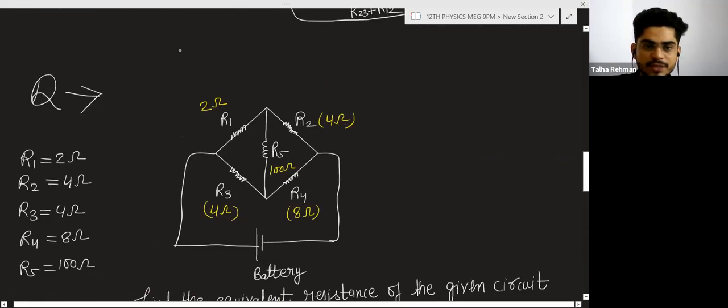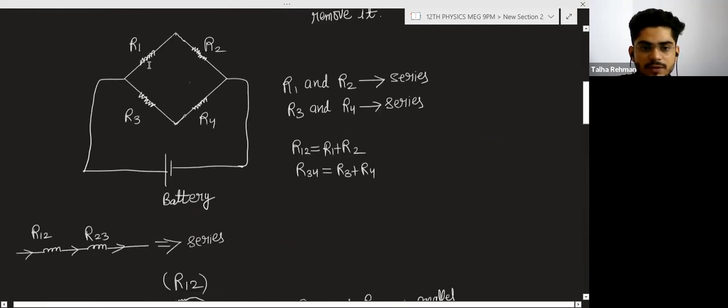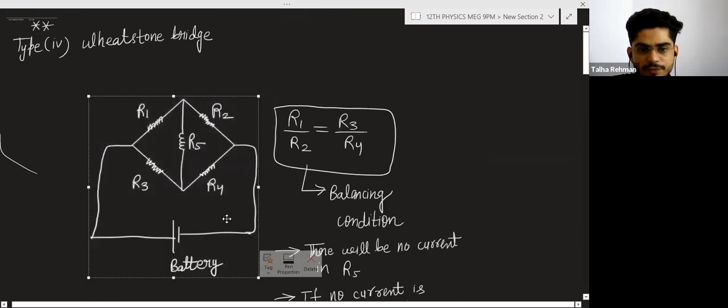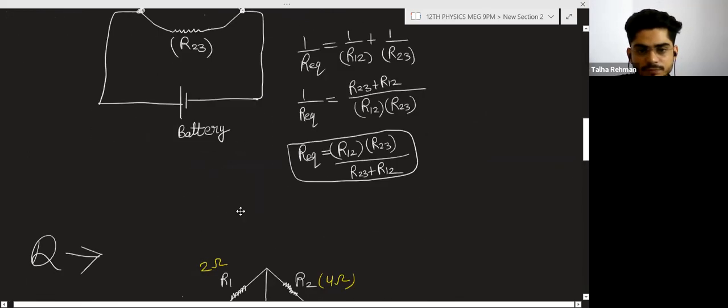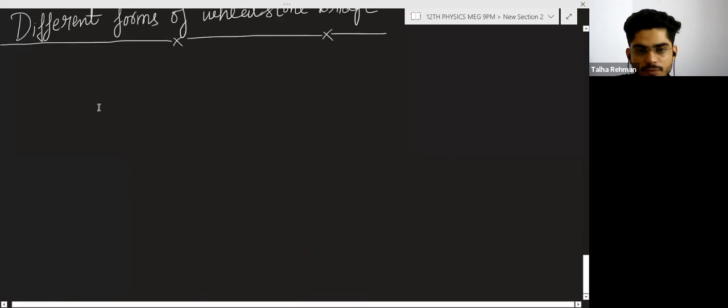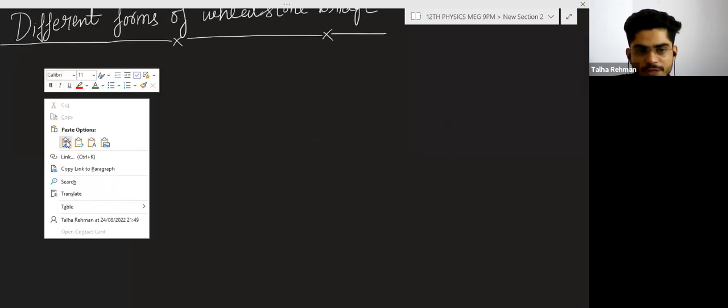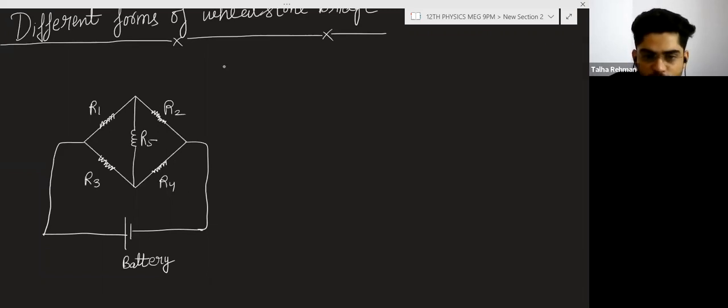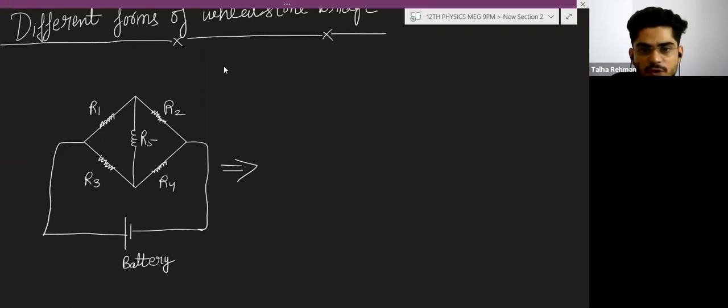You have this combination now. This combination is called the Wheatstone bridge combination. Suppose this combination is like this, but the examiner may give you this combination like this.